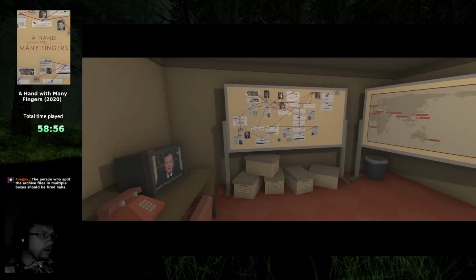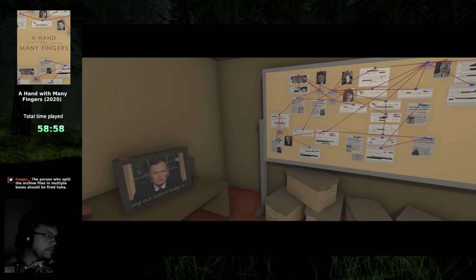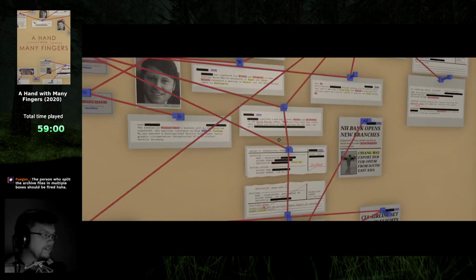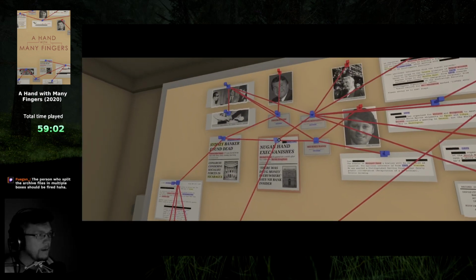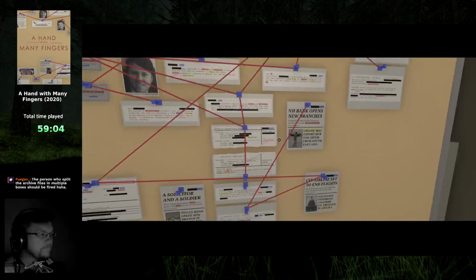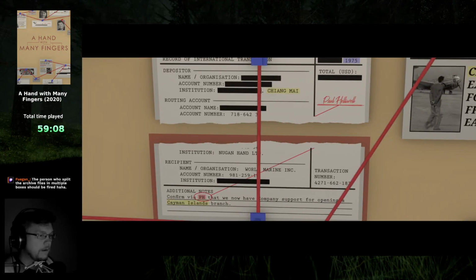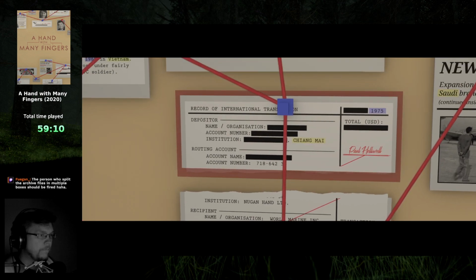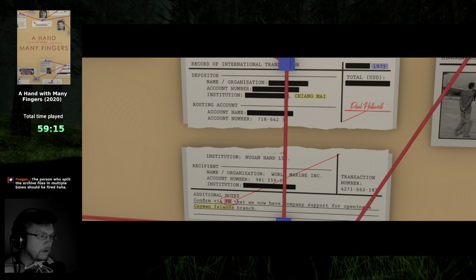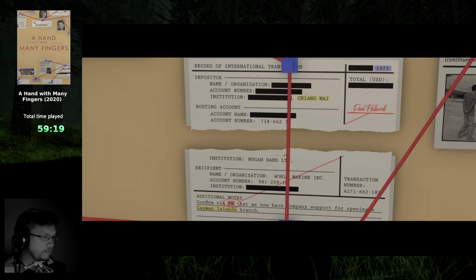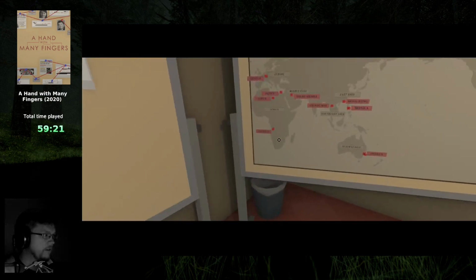I think these were CIA archives. So, wasn't an accident.